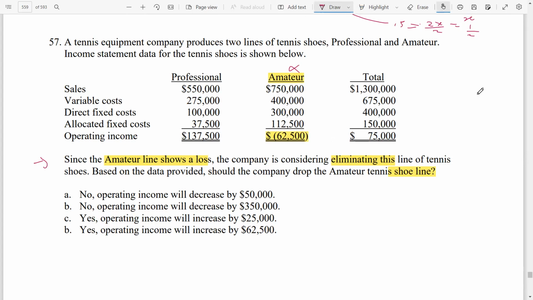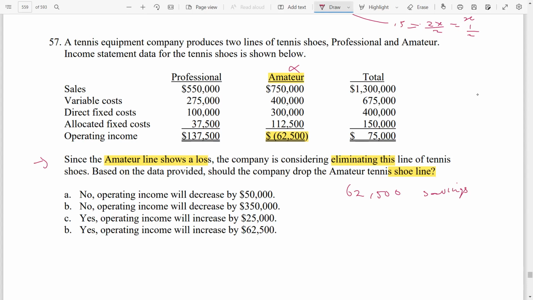Is this why the company is losing? I recommend that you start with operating income. If we get rid of amateur, we are going to save 62,500, because we think we are losing.